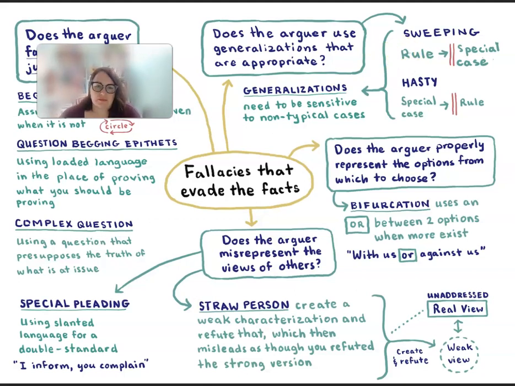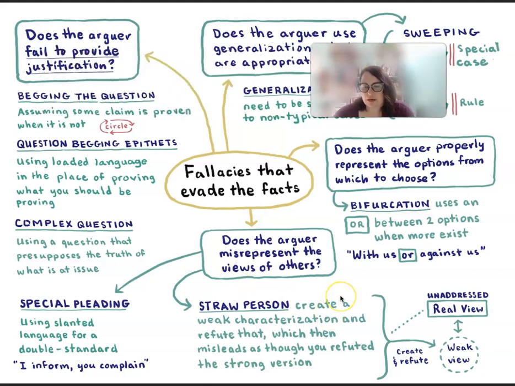So we talked in the textbook about the principle of charity and representing people's views fairly. A straw person argument is where, in the course of arguing for your position, you represent the person that you disagree with in a very weak way, and then refuting that weak version is taken to be evidence for your point of view or your claim, which really you don't achieve very much when you argue against a straw person.